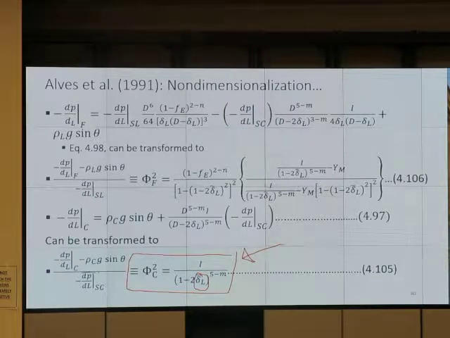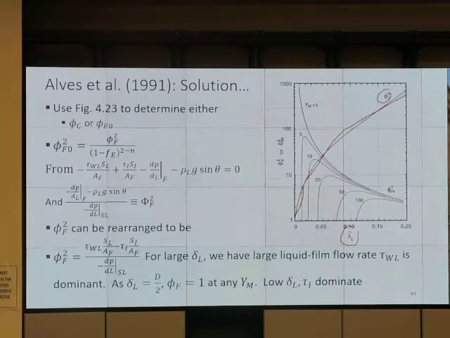Then you already know minus dP/dL sub SC, right? You know rho c or something, then you can get frictional pressure loss. Oh, this is not frictional pressure loss, it's the total pressure drop per unit length, including the friction term and gravitational term.